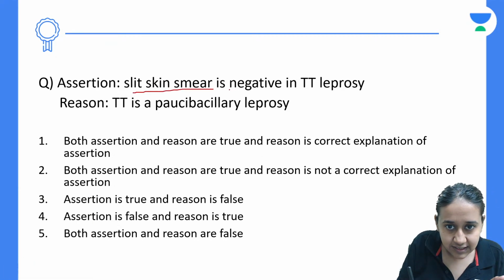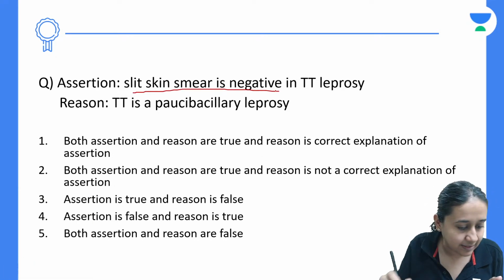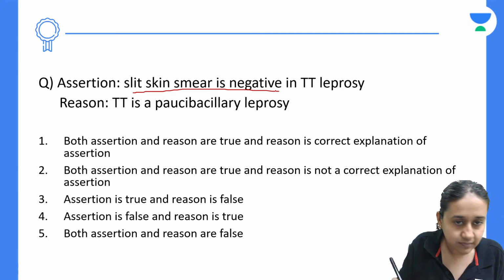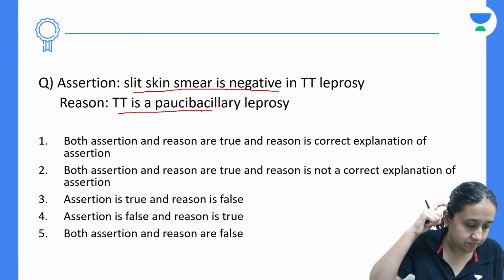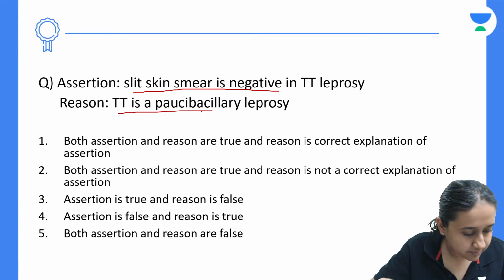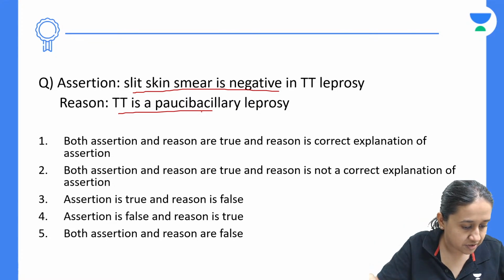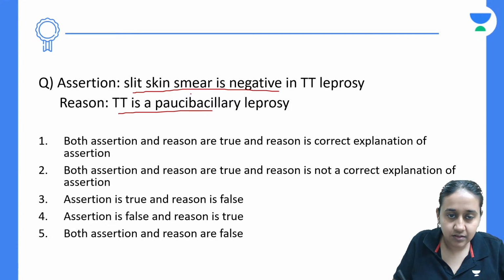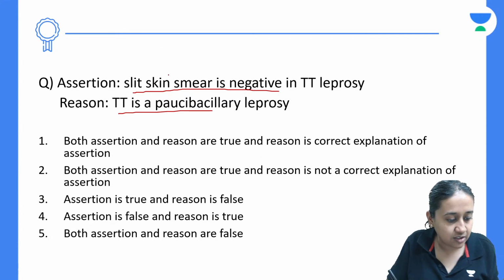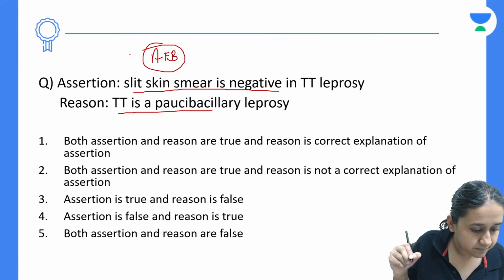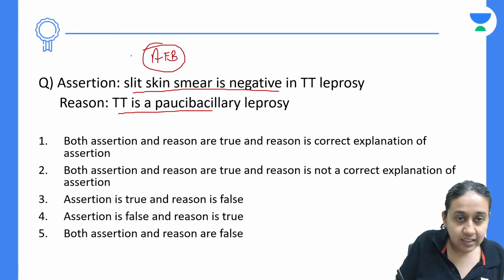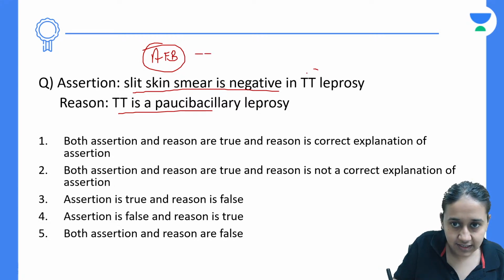So we have a slit skin smear negative in a TT leprosy patient. TT leprosy is a paucibacillary type of leprosy. Please give me a quick thumbs up if you know about this question. Now what is slit skin smear? It is a smear done to look for acid-fast bacilli. Acid-fast bacilli are negative towards the TT pole of leprosy.